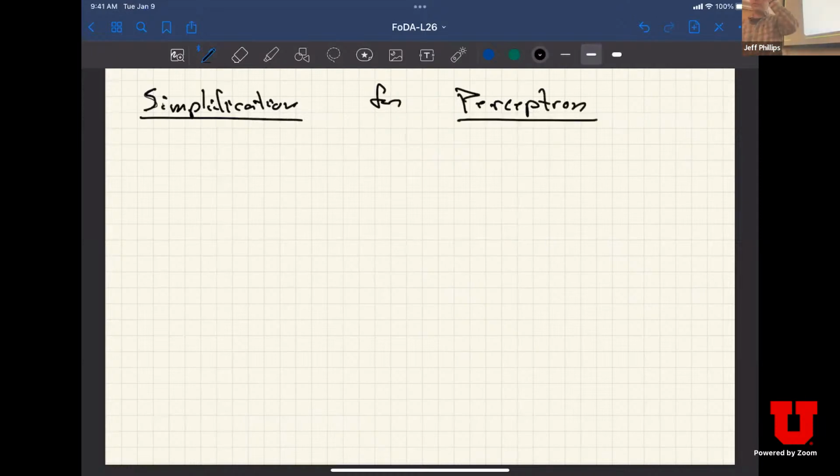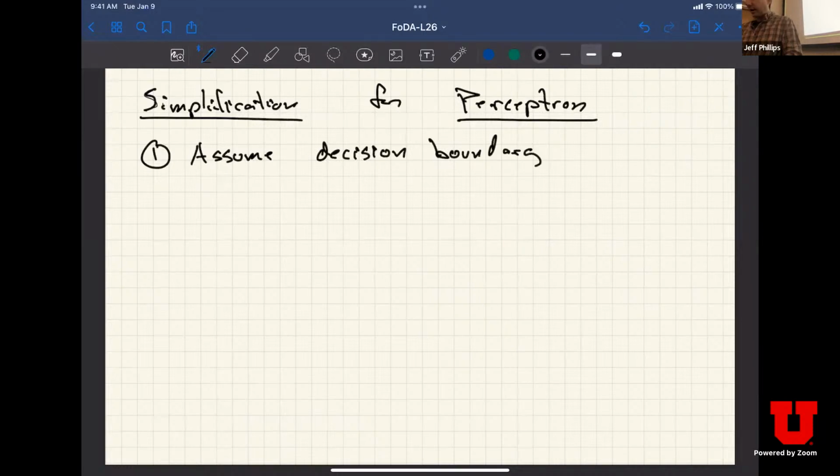Okay, we're going to need to assume 3 things about the data. The first one is we're going to assume that the decision boundary passes through the origin. So what does this mean?